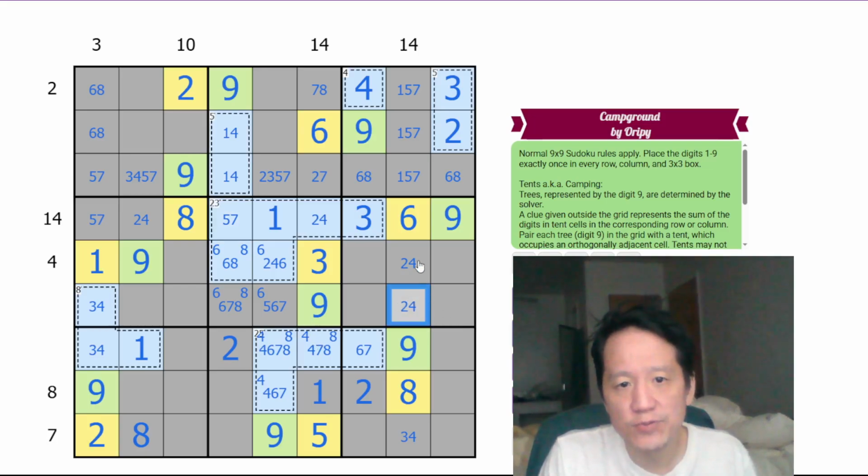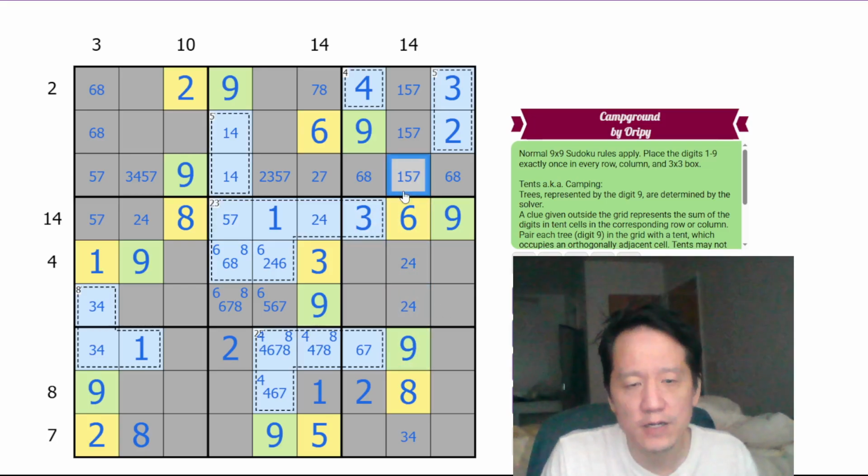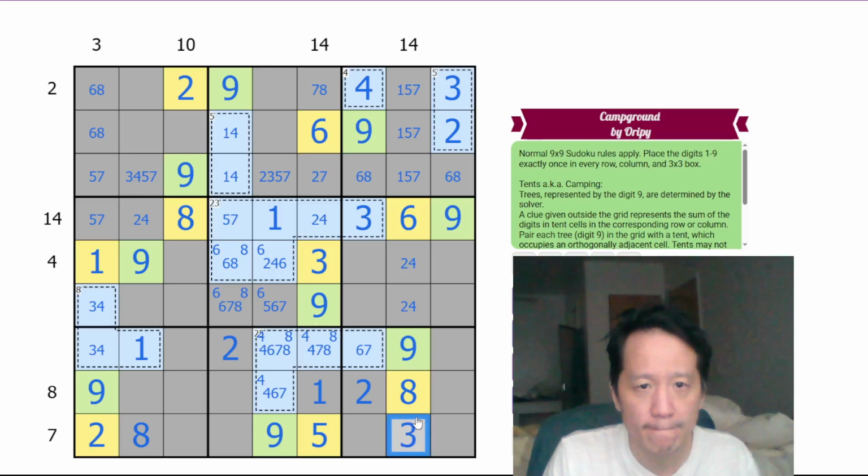This cannot be 3 because of the 3 in the box. So this is a 2, 4, 2, 4 pair, which eliminates 2 and 4 in the rest of the column. So this can't be 4. This is a 3. We now know... Where's the 3 in row 7? It must be one of these two digits. Well, then where is the 3 in row 8?